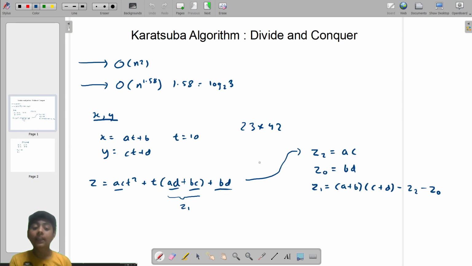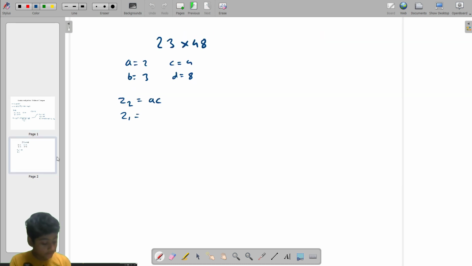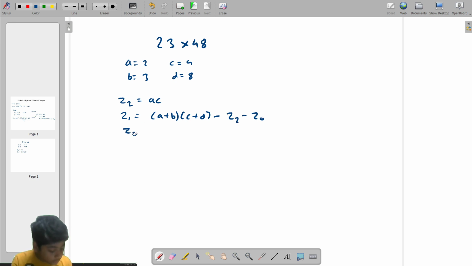We saw that it is a plus b times c plus d, minus z2 minus z0. And what is z0? It is just b times d. These are the three terms.